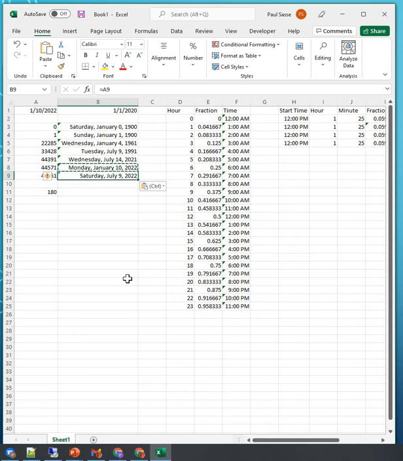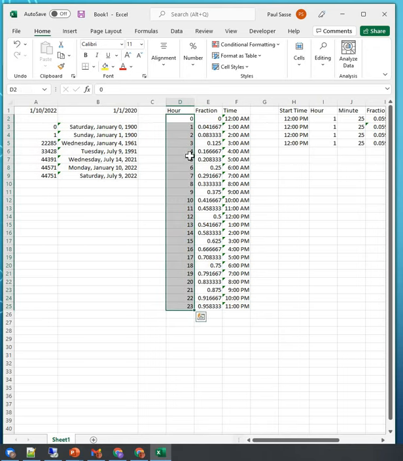The way Excel deals with time is a little different. Time is the fractional portion, or the decimal portion, of the day that has happened. So what I did here was I've got 0 through 23. So at 1 a.m., I just did D3, or 1, divided by 24, so 0.041667.